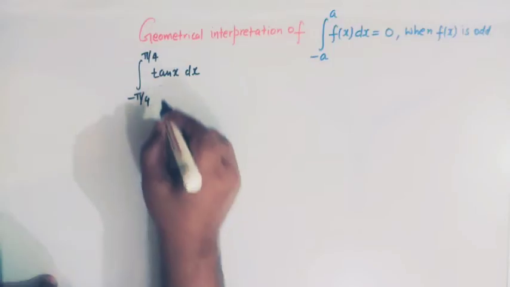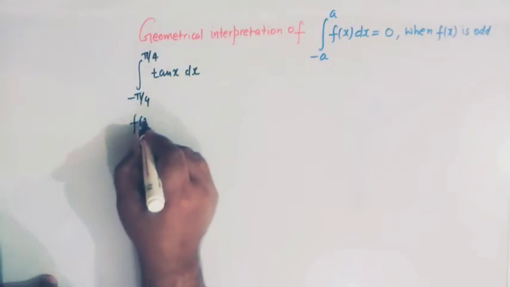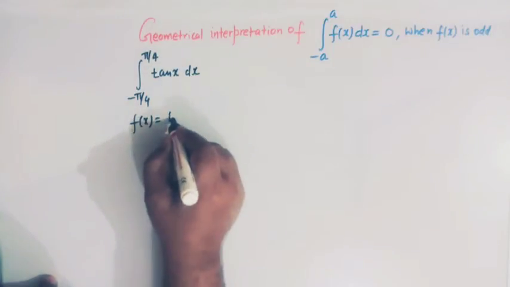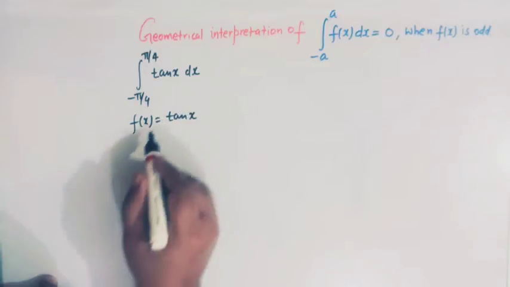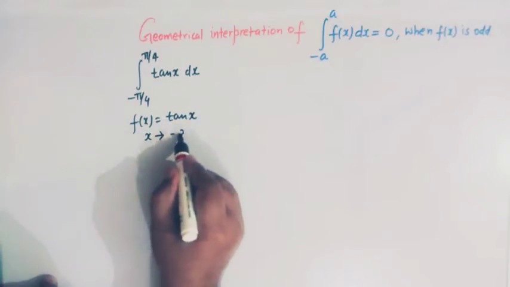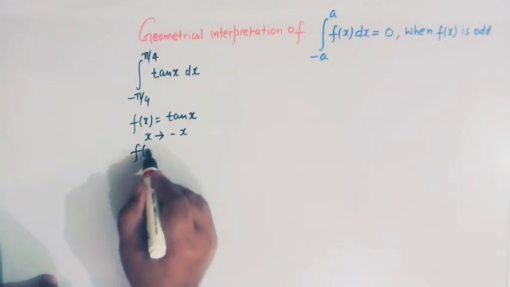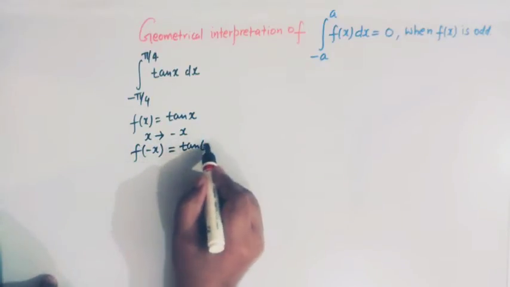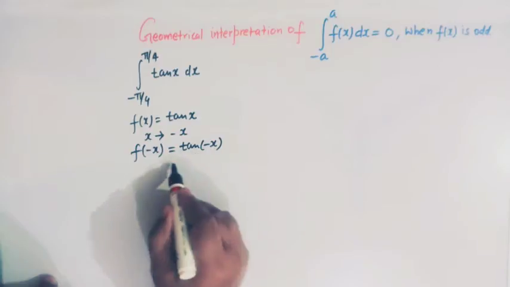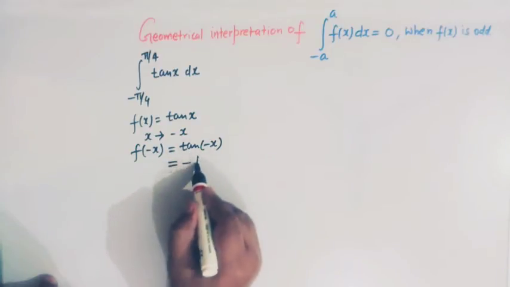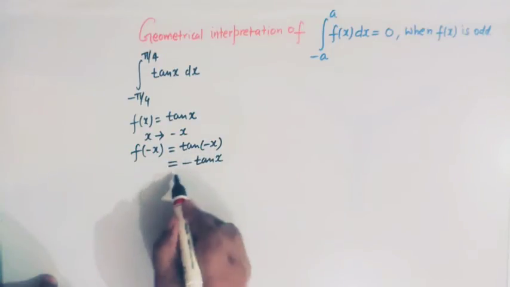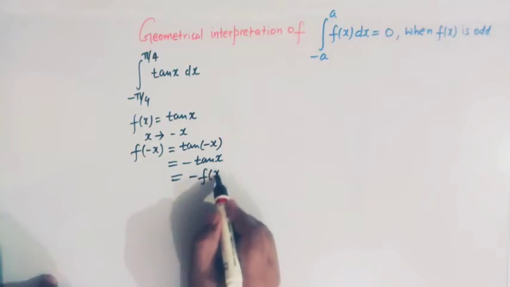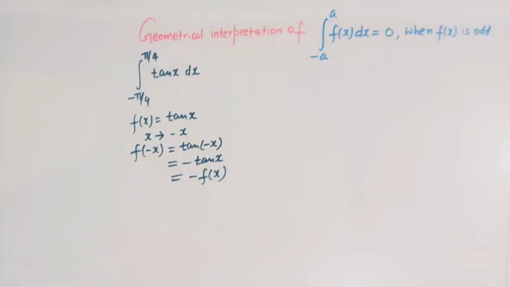Now here we see that the function f of x is tan x, and if we replace x by minus x, we see that f of minus x is equal to tan of minus x, and tan of minus x is minus of tan x, that is minus of f of x.